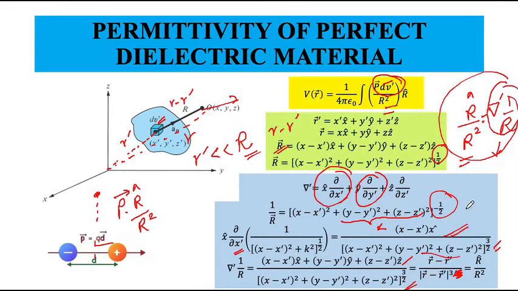And if I write r vector by r, that equals the unit vector, r hat. Sorry, the unit vector is the vector divided by its magnitude. So you will get the unit vector divided by r squared, because one magnitude has gone into this term. So this is what I am getting.